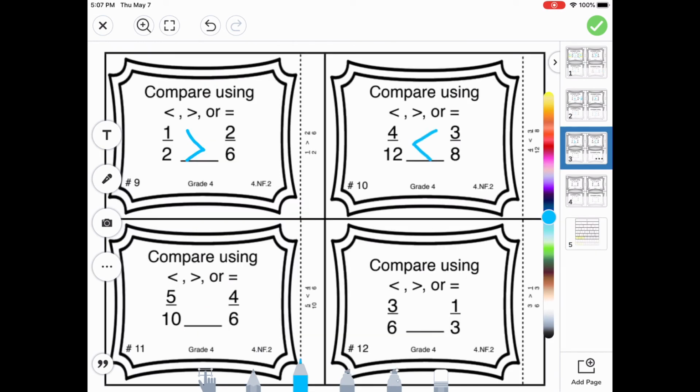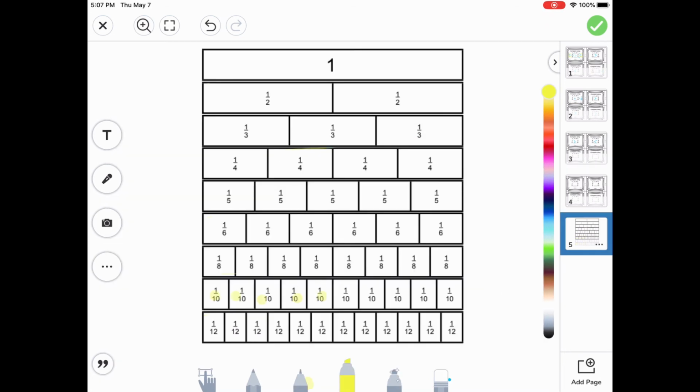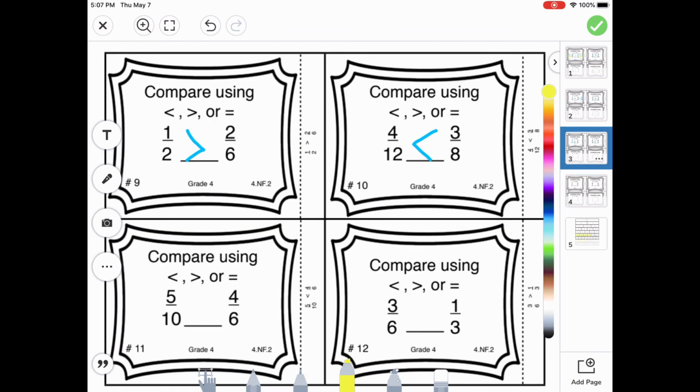So 4/12 is less than 3/8. On the next question, 5/10 and 4/6. I can see that 4/6 is greater than 5/10. So 5/10 is less than 4/6.